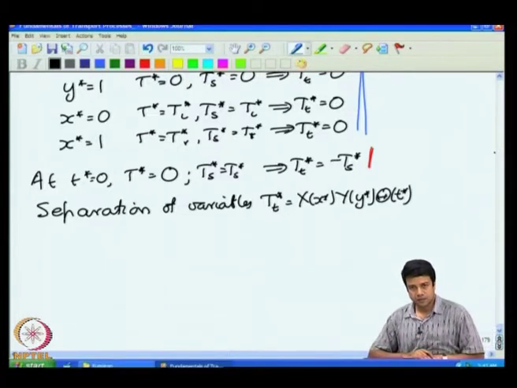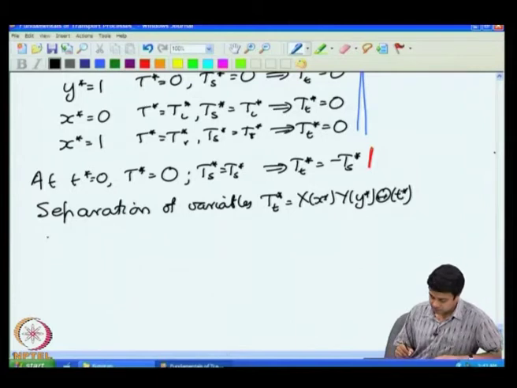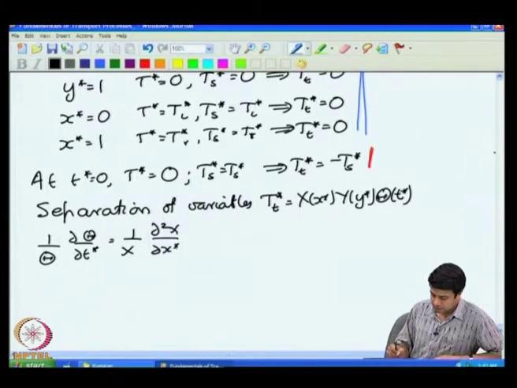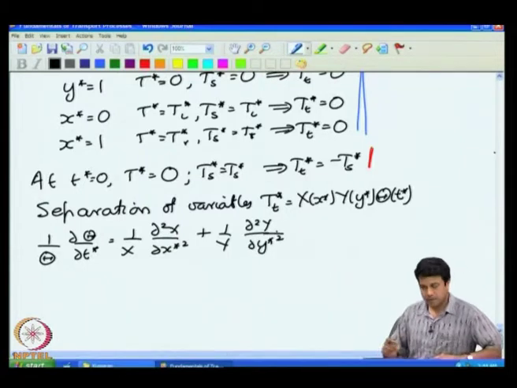Put that into the equation, simplify, divide throughout by x, y, theta, and you end up with an equation of the form 1 over theta d theta by dt is equal to 1 over x d square x by dx square plus 1 by y d square y by dy square.